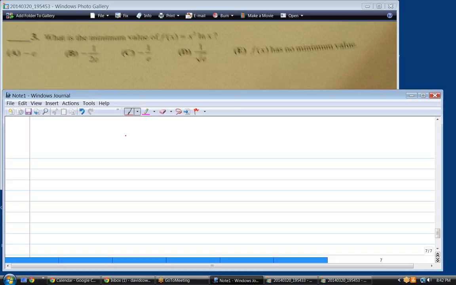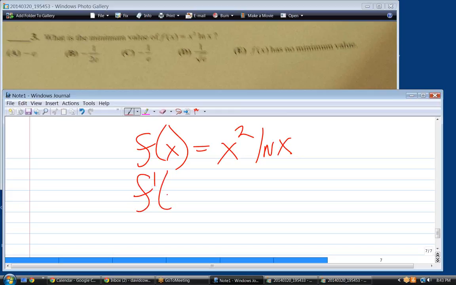Let's see. What is the minimum value of f of x equals x squared natural log of x? Okay, so first of all, let's differentiate it. F prime of x: the derivative, it'd be first x squared times the derivative of the second, natural log, which is 1 over x, plus the second, natural log of x, times the derivative of the first, which is 2x.